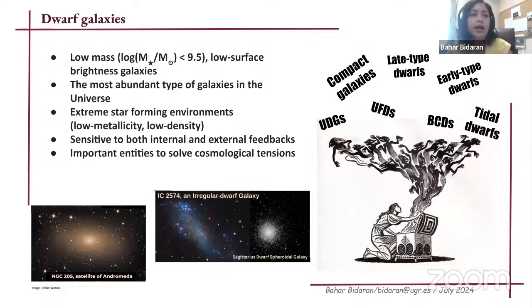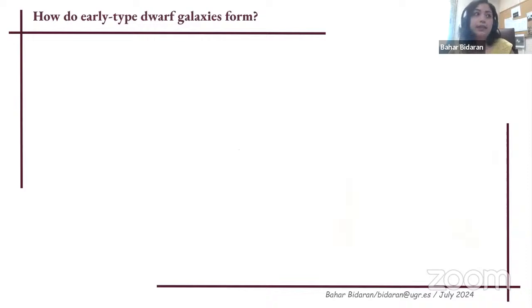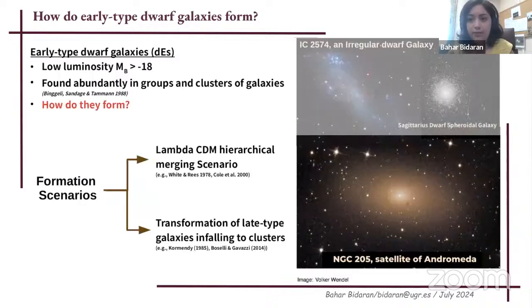So for the term dwarf galaxy, whatever results we get, we cannot really generalize them to all types of dwarfs. And today, this talk is explicitly about early type dwarf galaxies. Early type dwarf galaxies are the most abundant type of galaxies in high density environments, like in clusters and galaxy groups. If you want to know how they look, let me present one of the most famous cases in our own local group, NGC 205. This is a satellite of the Andromeda Galaxy. You can see the early type morphology of this galaxy: the smooth light distribution that these galaxies usually have.